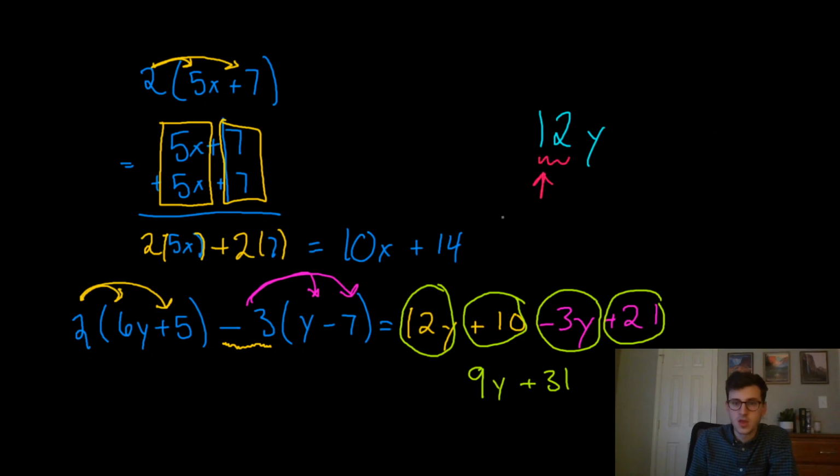Which is a big scary word that just means how many of them we have, right? So I have 12 y's. And then this right here, that is the unknown or the variable.